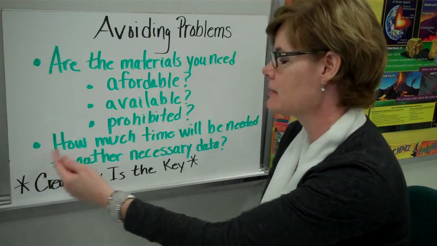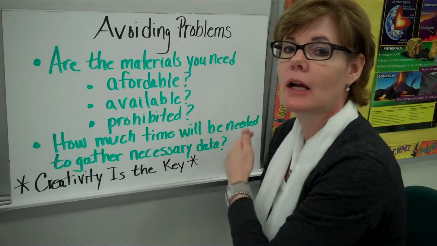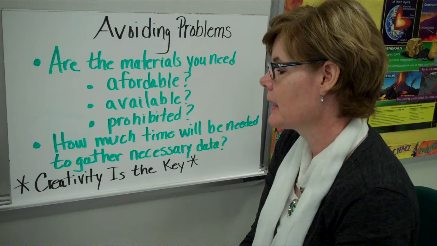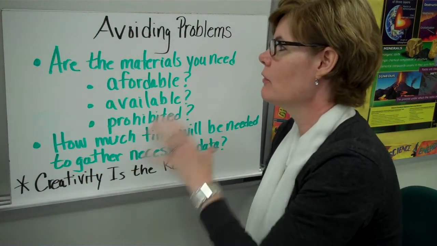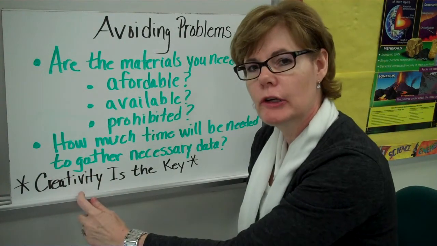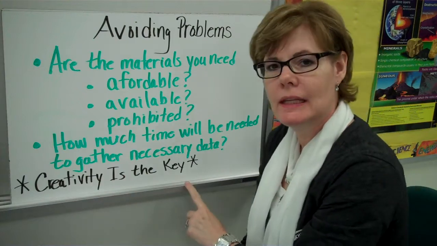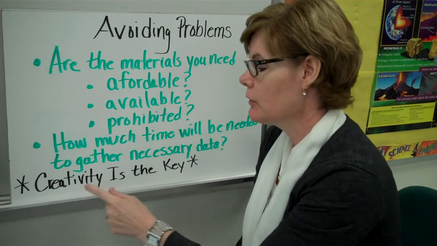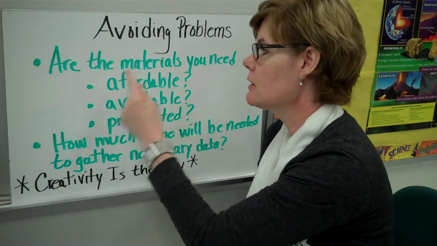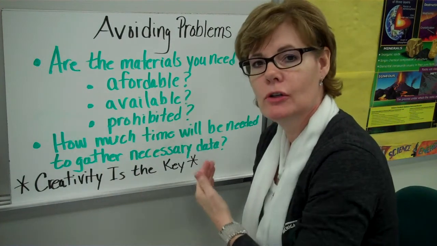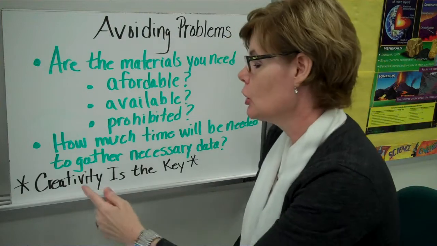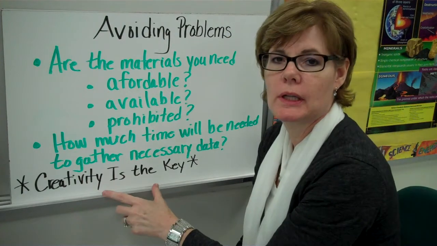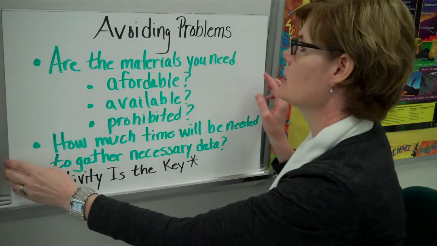You want something you can get done in an appropriate time frame. But let me tell you, when we're looking at avoiding these problems, your creativity is going to be the key to your successful science fair project. If you can be creative in the materials you need and how you're going to go about it, you are going to have a really good science fair project.